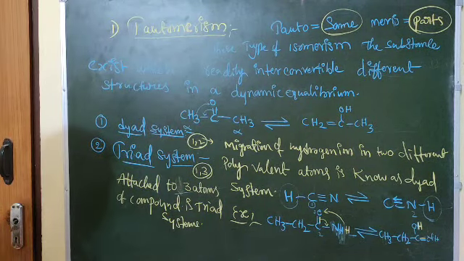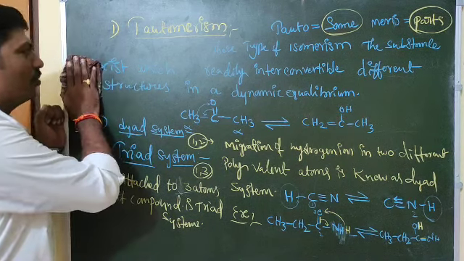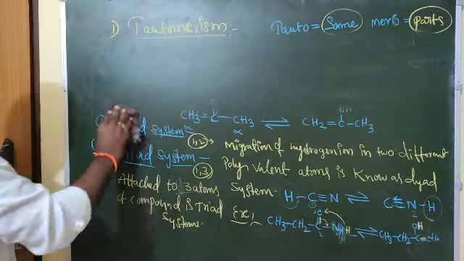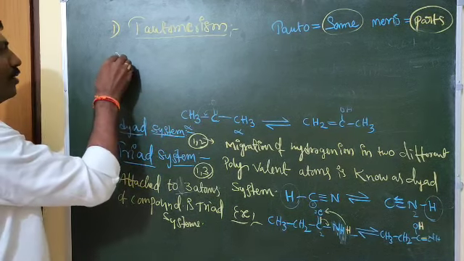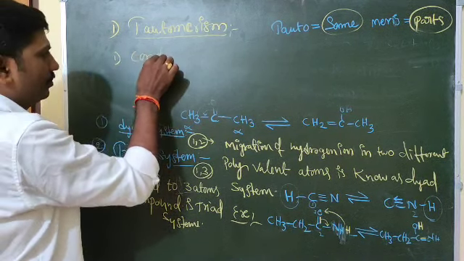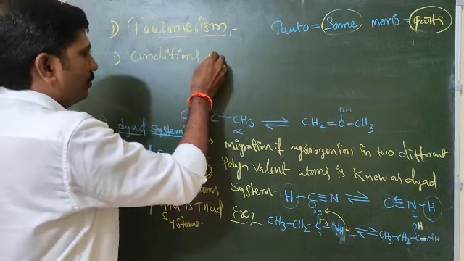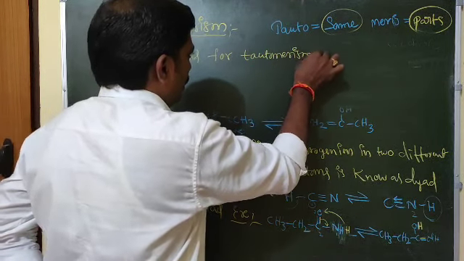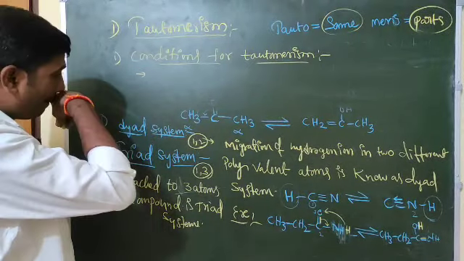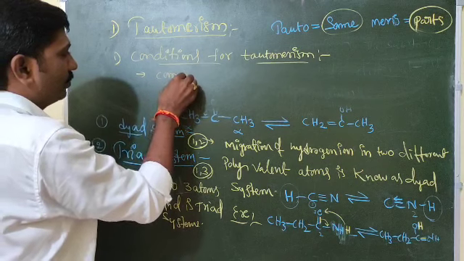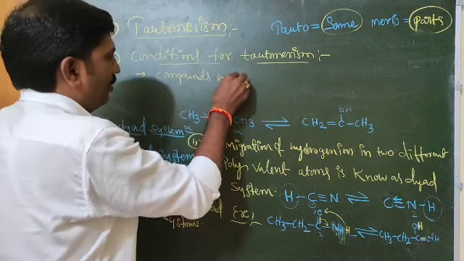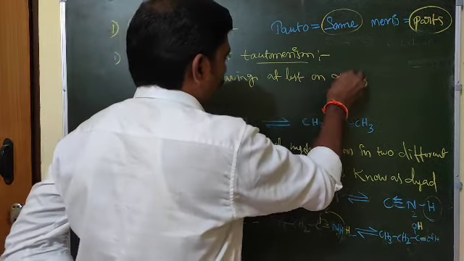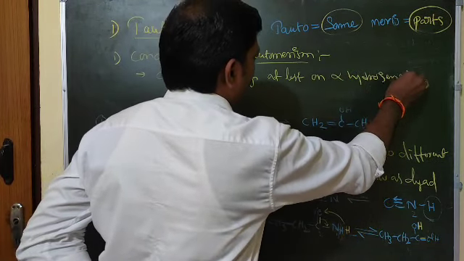Now, the conditions for tautomerism. Tautomerism is exhibited only if the compound has at least one alpha hydrogen atom.